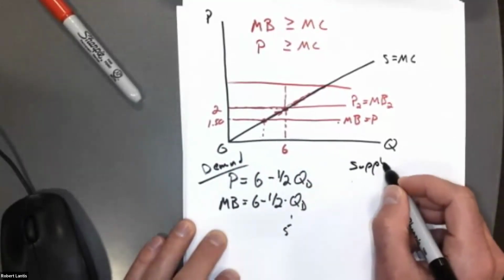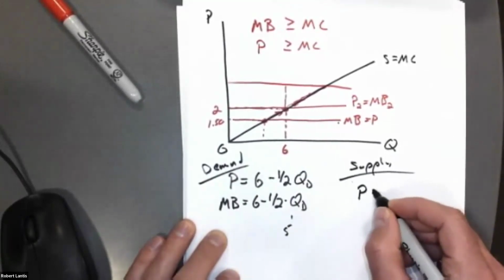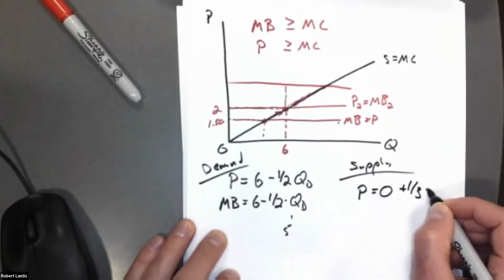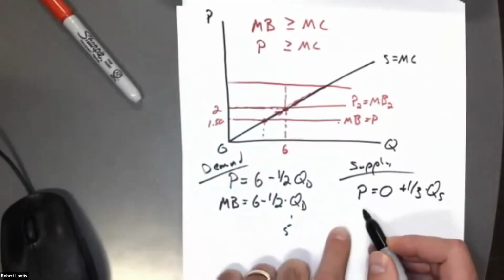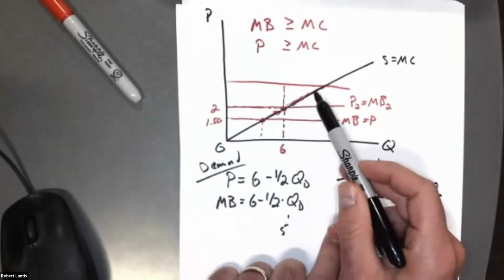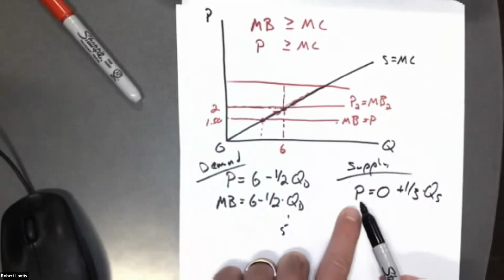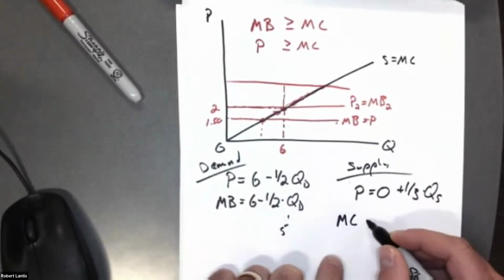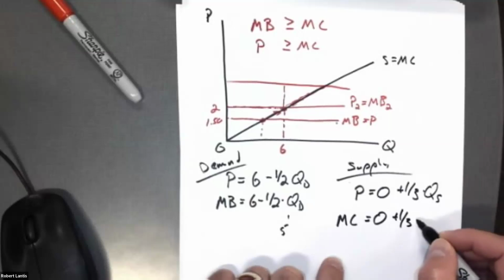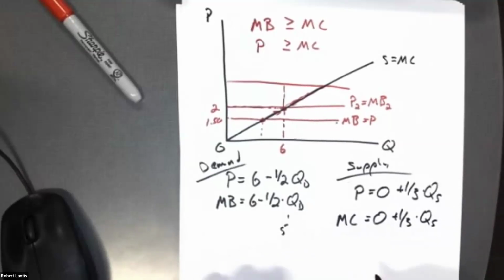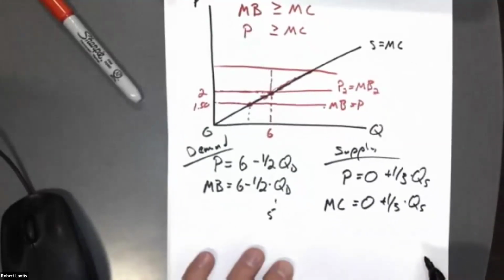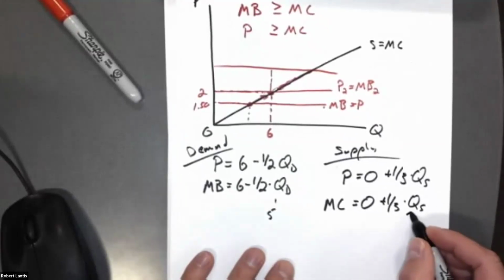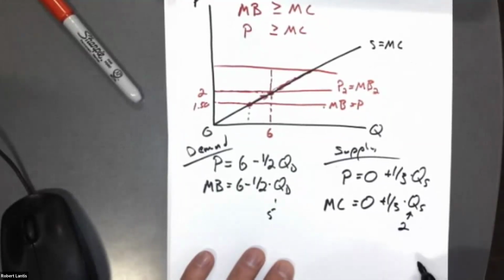If I'm looking at instead my supply equation, we said that the point that we're at on that supply curve, the price that we're first willing to supply that unit, would represent the marginal cost of that unit. So we can think of price in our supply curve as really telling us the marginal cost. How would I find the marginal cost of, say, the second unit?